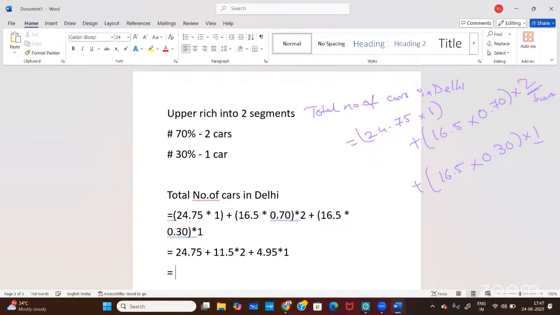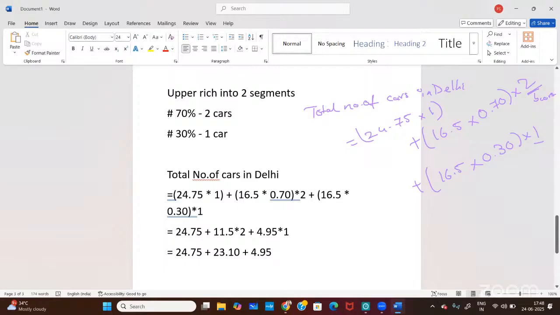Which equals 24.75 plus, if I calculate, 23.10, plus 4.95, which equals around 52.80.